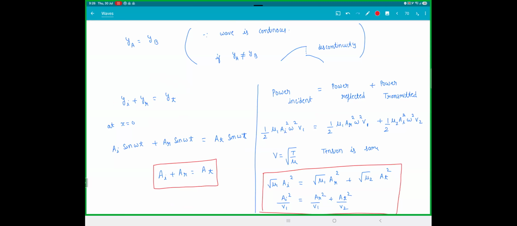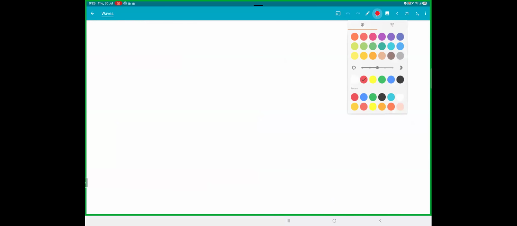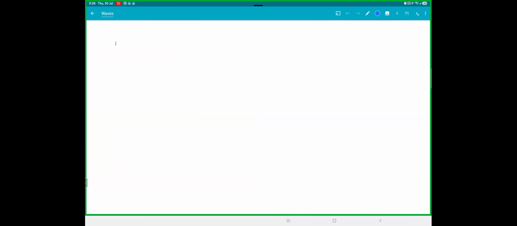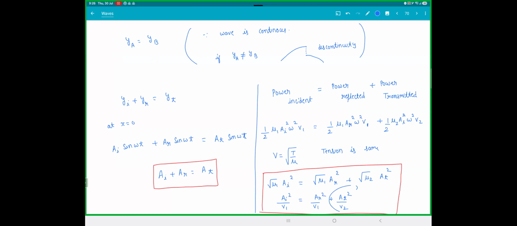From here, I need to find AR and AT. So let's solve them. Get A transmitted and substitute in this. A incident square by V1 is equal to A reflected square by V1, and A transmitted is A incident plus A reflected, squared, by V2. I replaced A transmitted here.